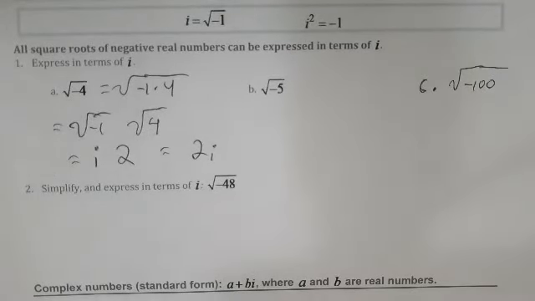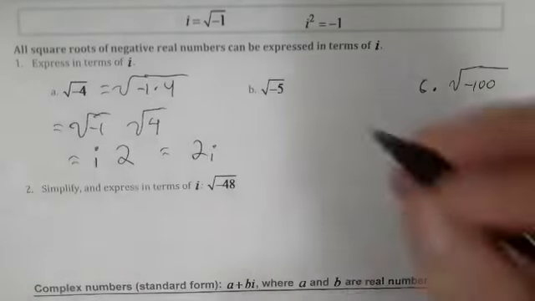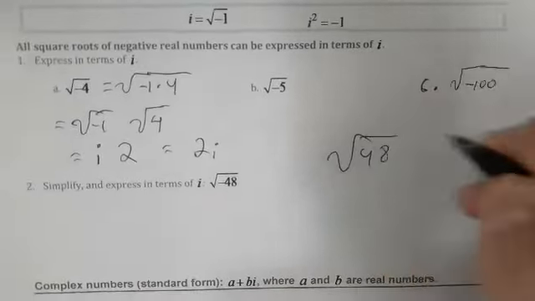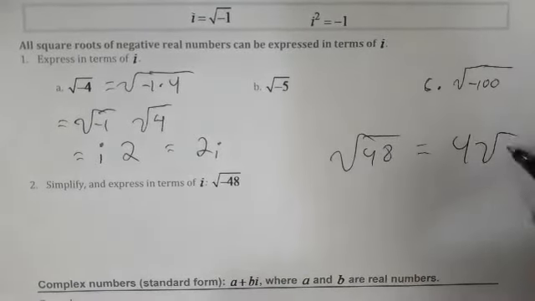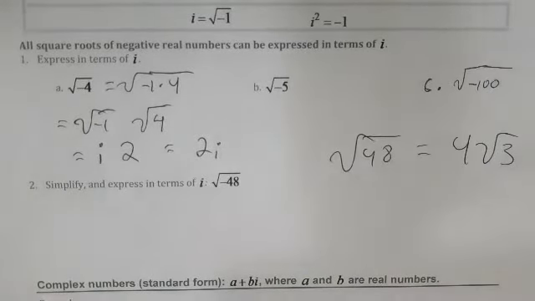Simplify and express in terms of i, radical negative 48. So I think we might have done this one before. It was one of the previous ones. The radical 48 from the previous page. So if you want to do a lot of extra work and figure out what the factor of 48 is, you can do that.